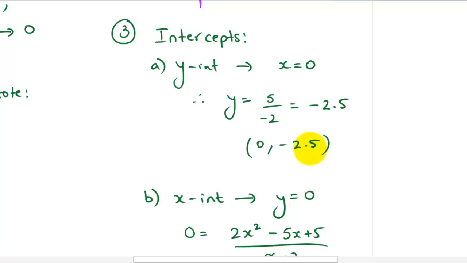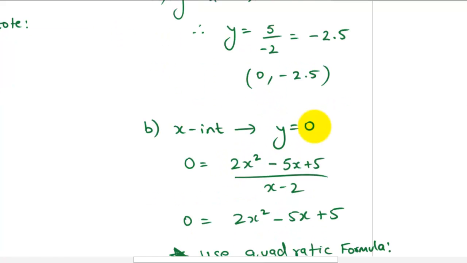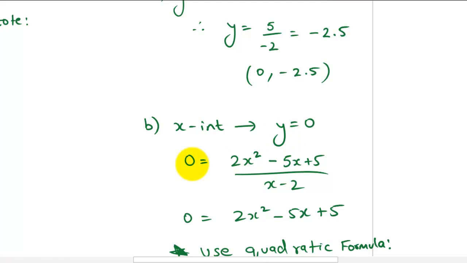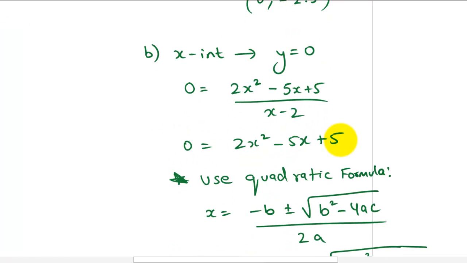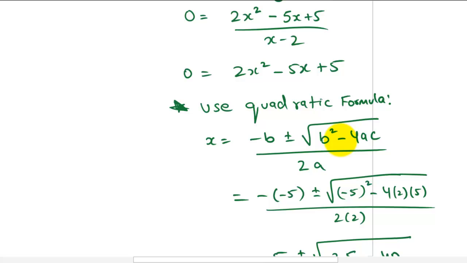I also need to see if there is any x-intercept. Because it's not the same, there's going to be a different possible point. For the x-intercept, I plug in y equals 0, substitute into my expression, and I get this. Now, the problem is, because this expression here was non-factorable, I can't just easily factor it and look for the roots.